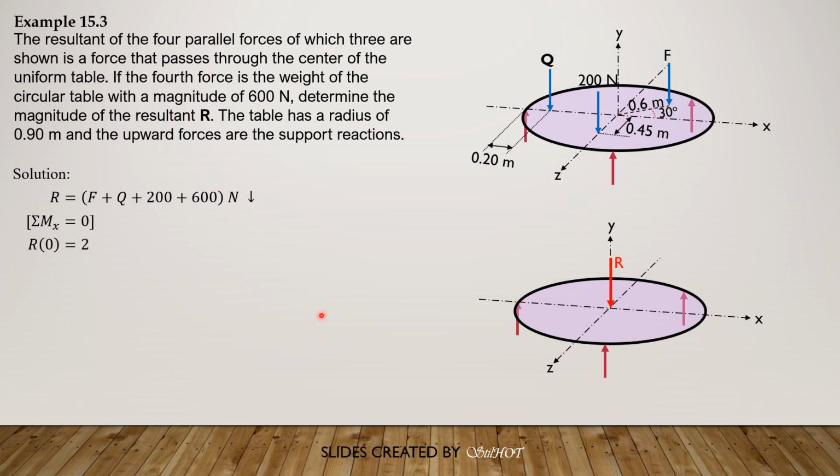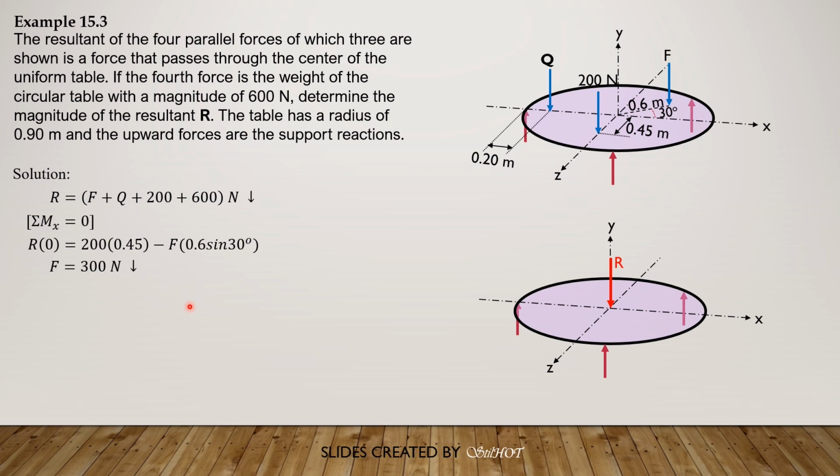So 0, or R times 0, equals 200 times 0.45 minus F times 0.6 sine 30. This is 0.6 sine 30 because the distance of F from the center is 0.6 and the angle it makes with the x-axis is 30. So its distance from the x-axis is 0.6 sine 30. Solving for F, F is 300 newtons.